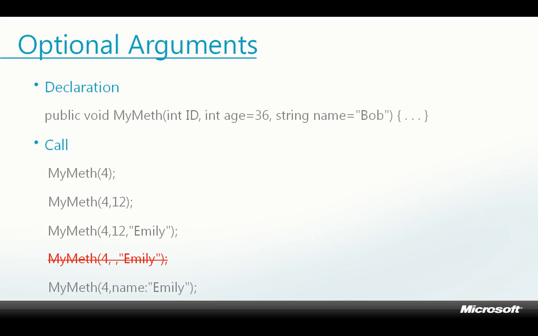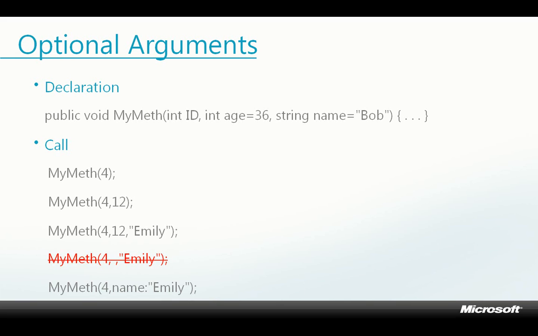The optional parameters also have to be last in the parameter list, rightmost, after all the required parameters. And if a caller provides an argument for any optional parameters, then it has to provide arguments for all the optional parameters that are in front of that one, because otherwise you'd have to leave a blank in the argument list. But you can combine optional arguments with named arguments to get around this.